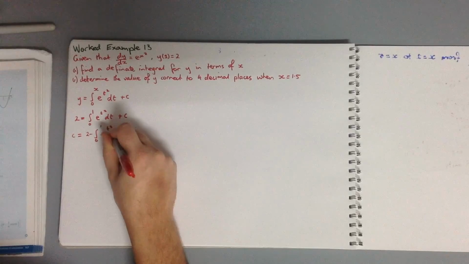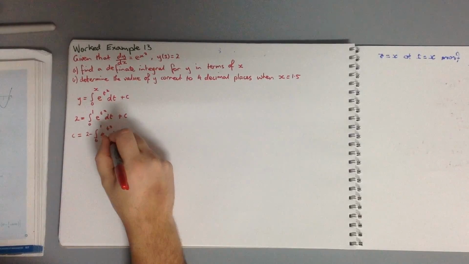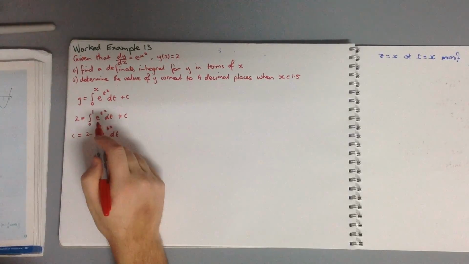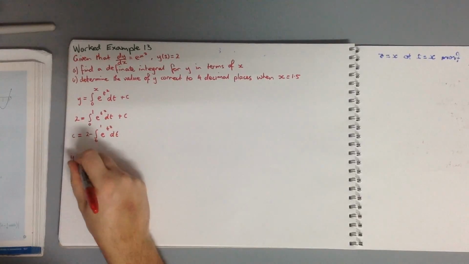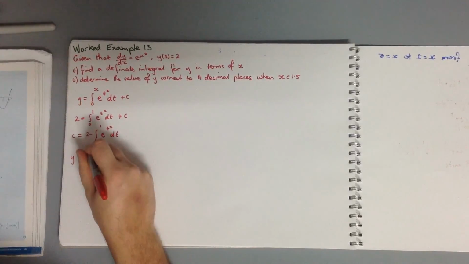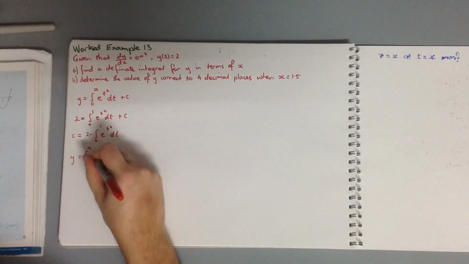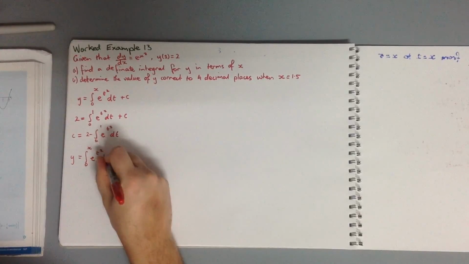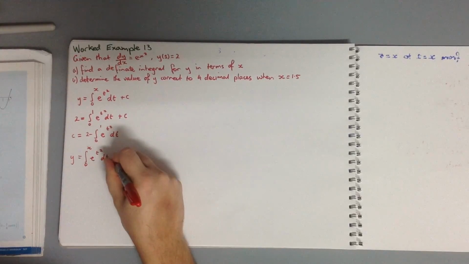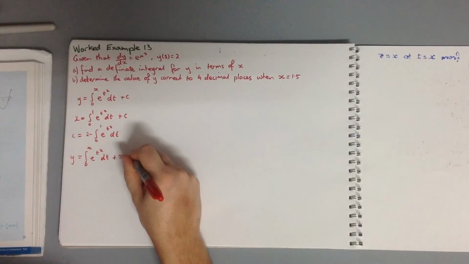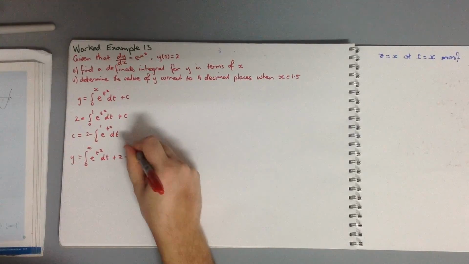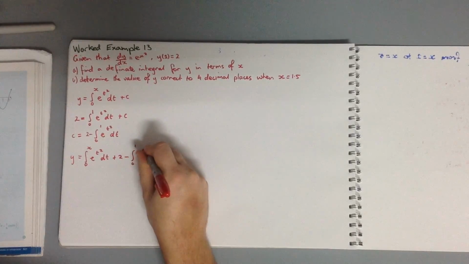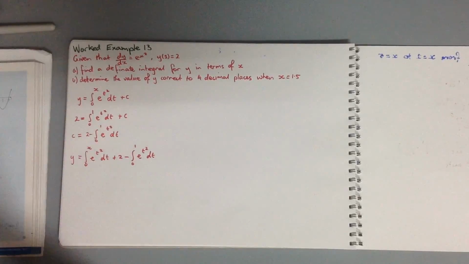Well, that means c is going to equal 2 minus our integral from 0 to 1 of e to the t squared dt. We can put this value back in there now and say y equals our integral from 0 to x of e to the t squared dt, plus 2 minus our integral from 0 to 1 of e to the t squared dt.